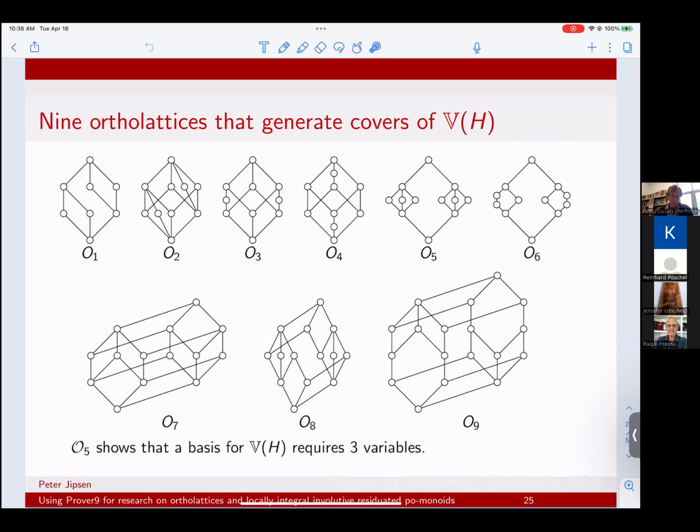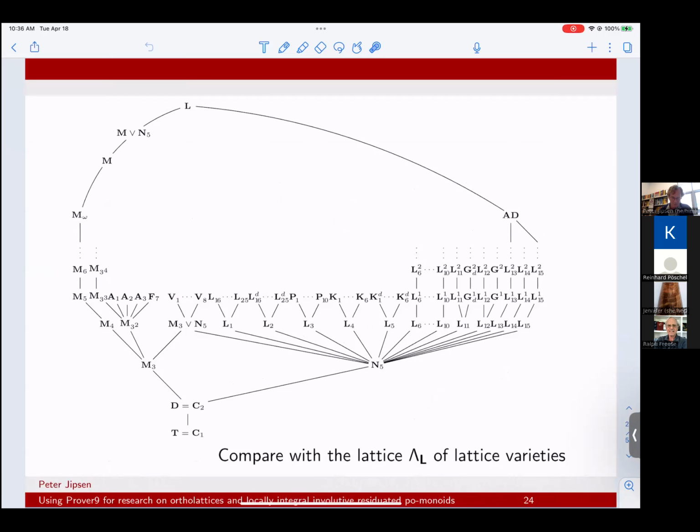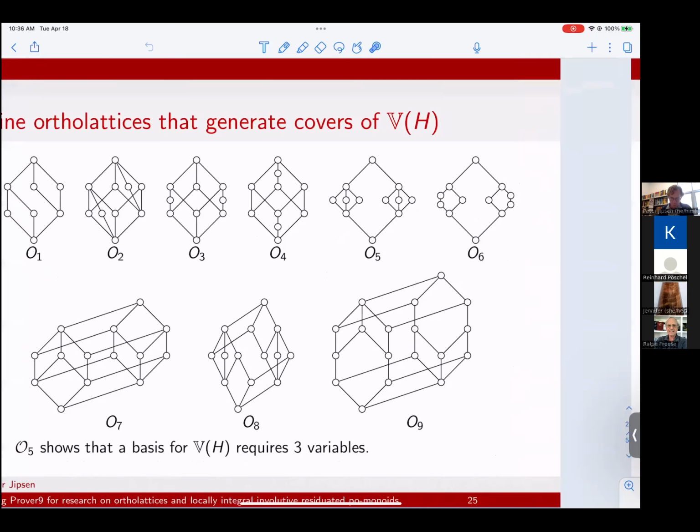And where did these pictures come from? In the case of lattice varieties, they really just came from Ralph Mackenzie. He played around with lattices enough until he came up with this list, and later on it turned out it was the complete list.